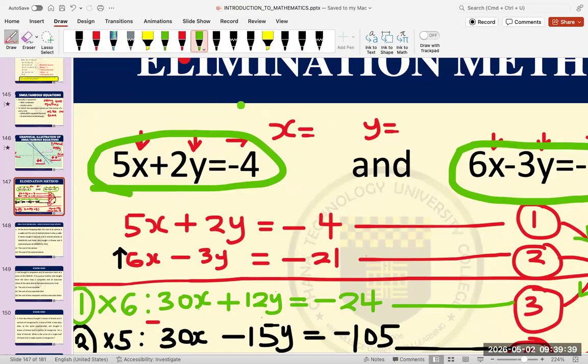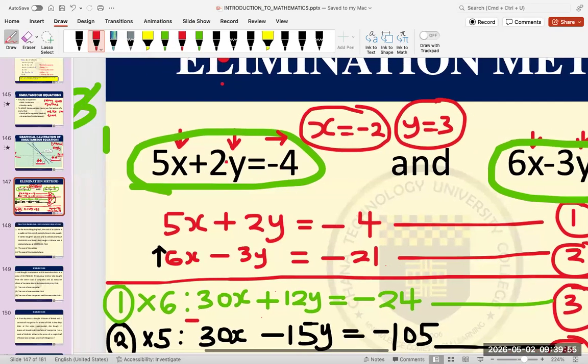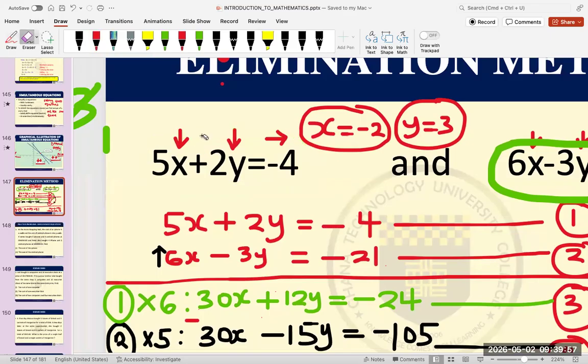Now we have the answers. Let's check whether these answers are correct when we substitute them in this equation you are seeing here.